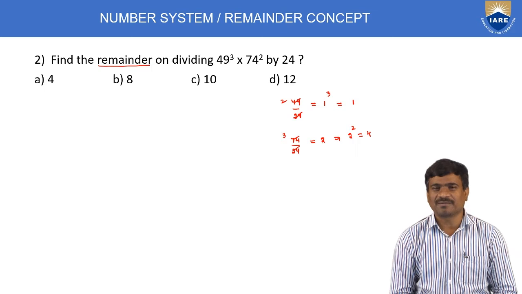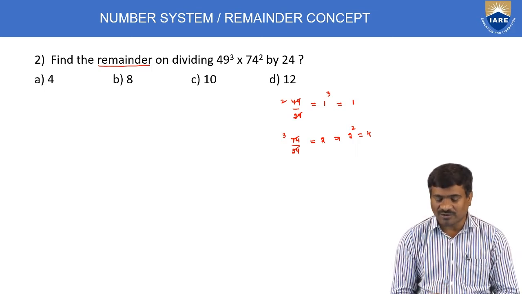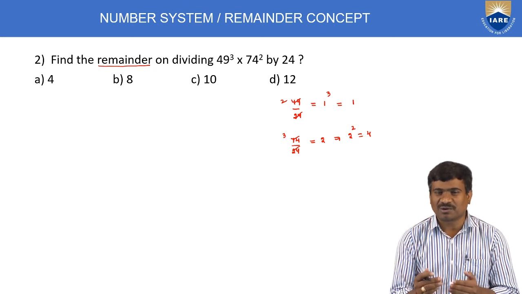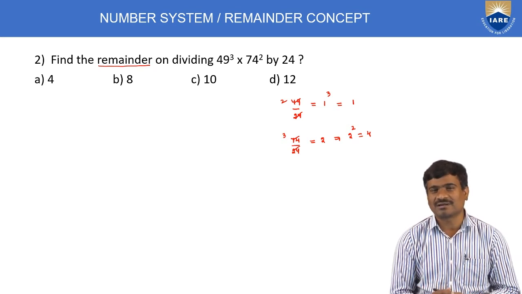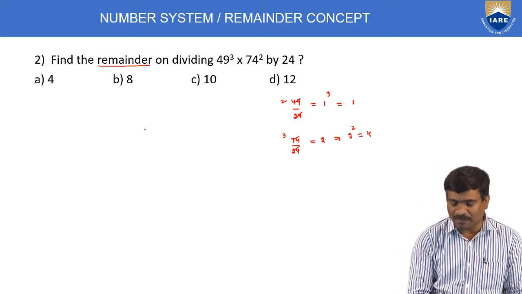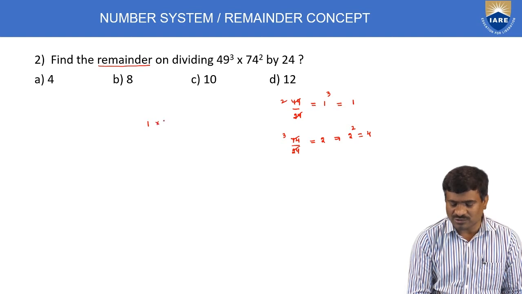Apply the power: 49 whole cube and 74 whole square, when divided by 24, have remainders 1 and 4 respectively. Next apply the operator: 1 cube is 1, 2 square is 4, 1 into 4 is 4.